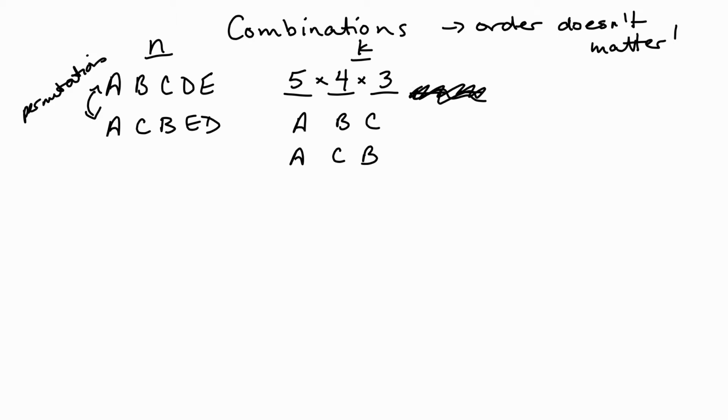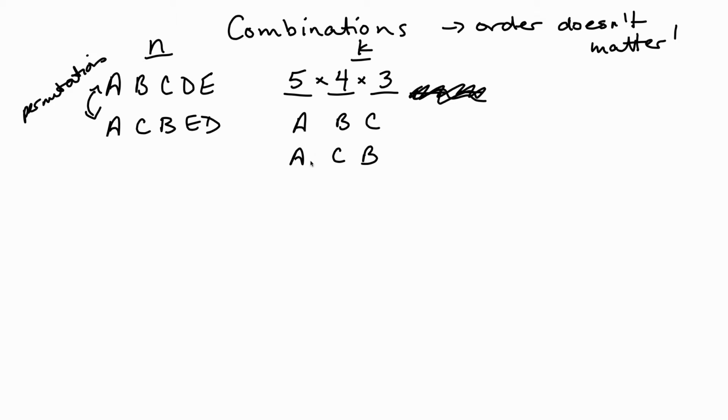What I need to do is take the number of permutations I can make with my set of n, and remove the ones that are repeats, that are the same combination. So a way to get at that is to ask, for each unique combination, how many ways can it be reordered? How many different times will it appear in the set of all possible permutations?